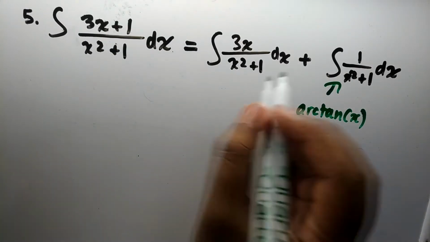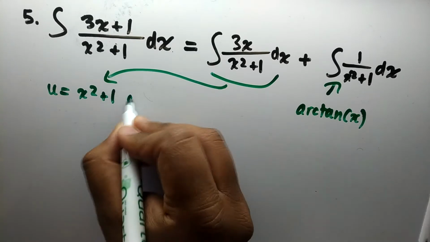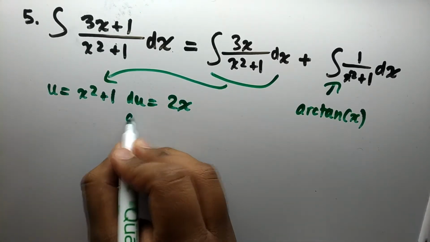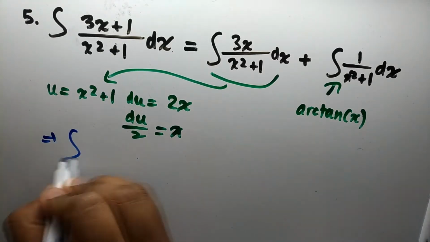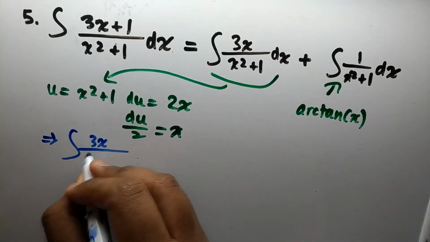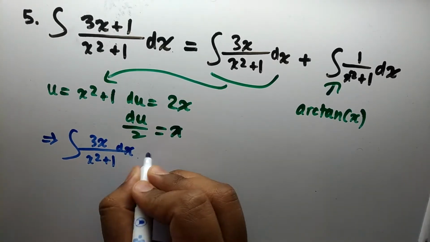And now we just have to deal with the 3x over x squared plus 1. Now we can just do a simple u sub, let u equal x squared plus 1, and then du will equal 2x dx, so du over 2 equals x dx, of course, don't forget that. And then we can just put that back in.